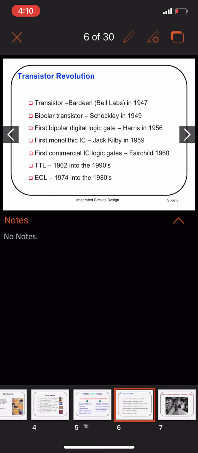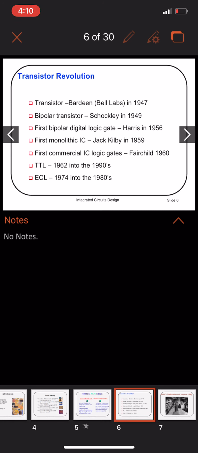Here you will see something on the transistor revolution. The first transistor, your BJT, was invented in 1947 by Bardeen at Bell Labs, and the first bipolar junction transistor was built by Shockley in 1949.